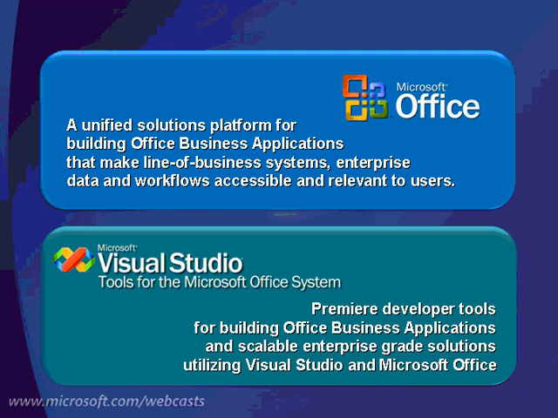With the advent of the 2007 Microsoft Office system, we now have a really good unified solutions platform upon which we can build solutions based on Office that utilize data and resources from enterprise systems. And this is significant because there are a lot of customers who have large investments in enterprise systems such as SAP and Siebel and things of that nature.